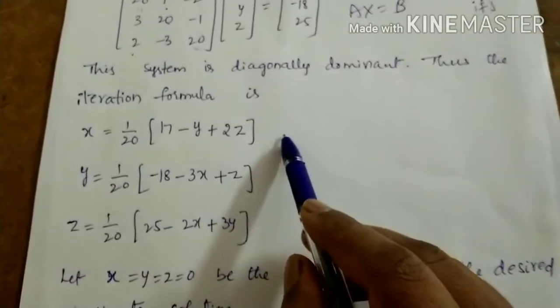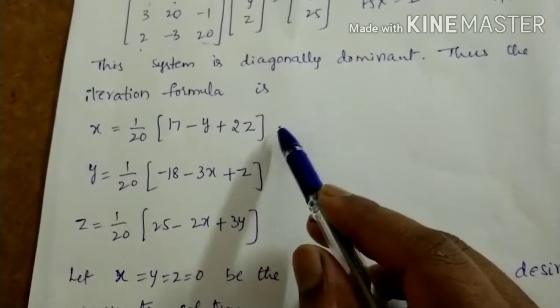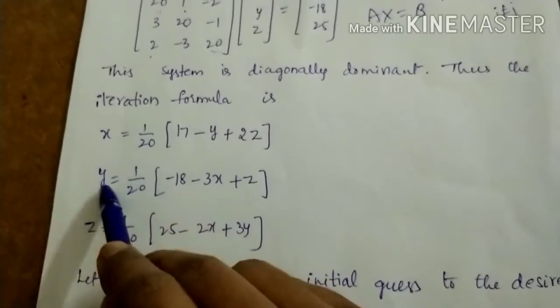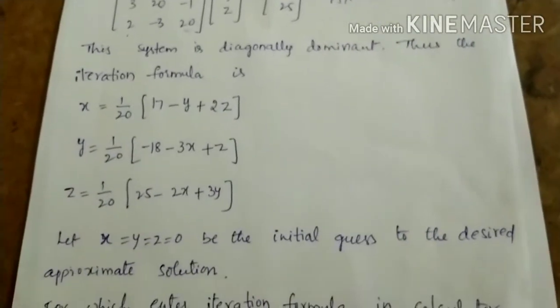Now, taking an initial guess for the desired solution and using that in the right hand side, we will find successive iterations for the variables on the left hand side.